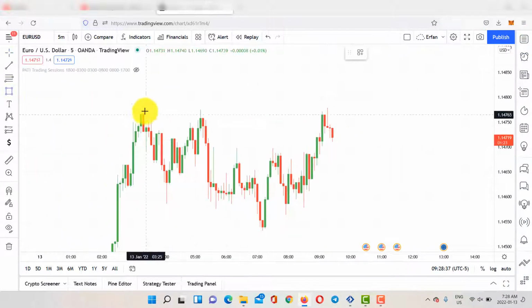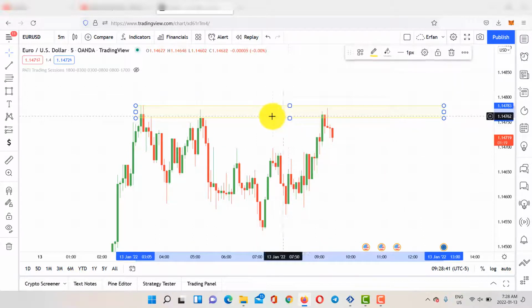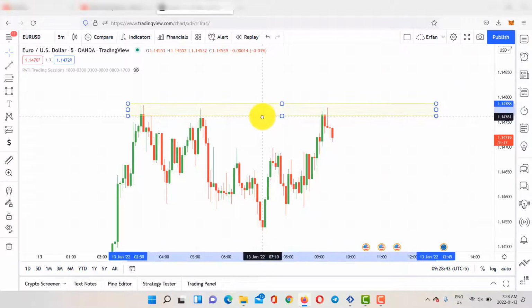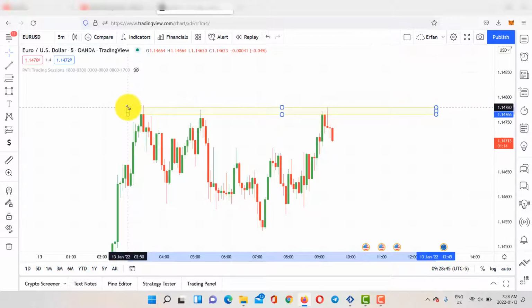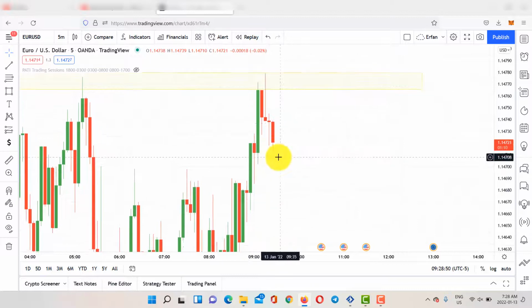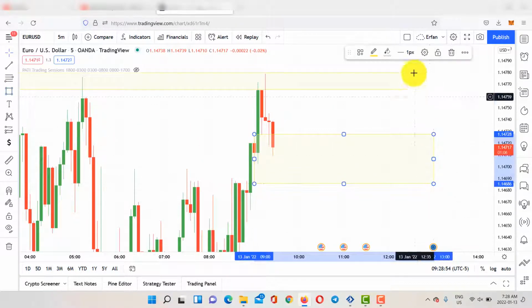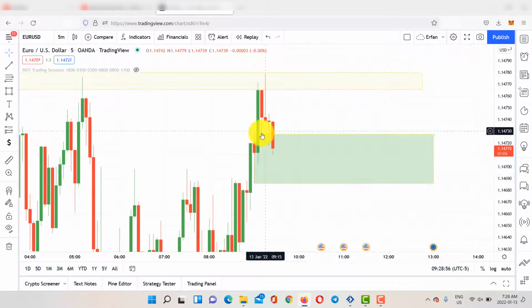Oh, it's a very clean resistance level here, very clean. And let me just draw it here to be super accurate. See, this is a very clean resistance line. We probably have an order block here.